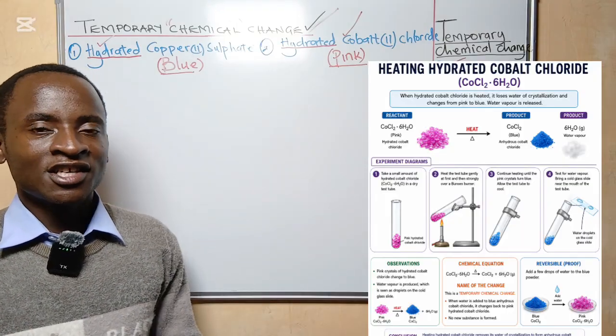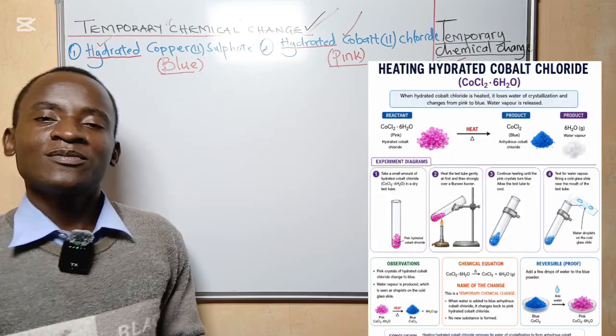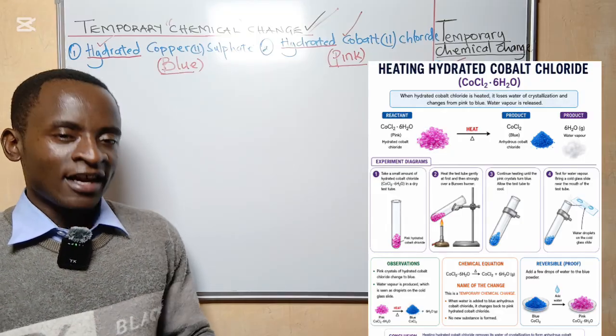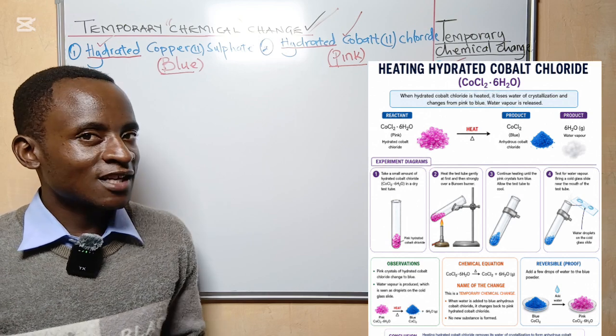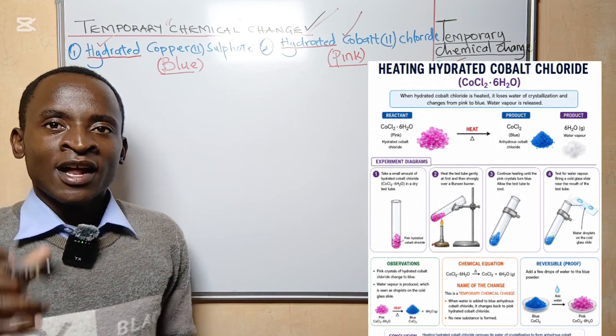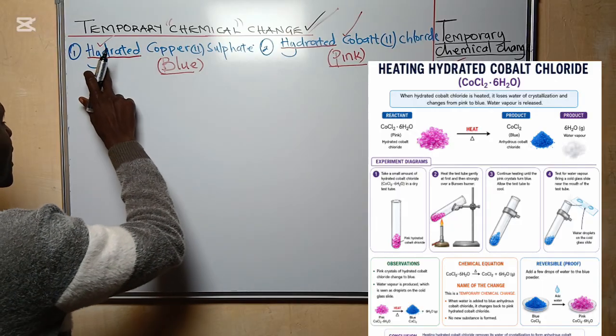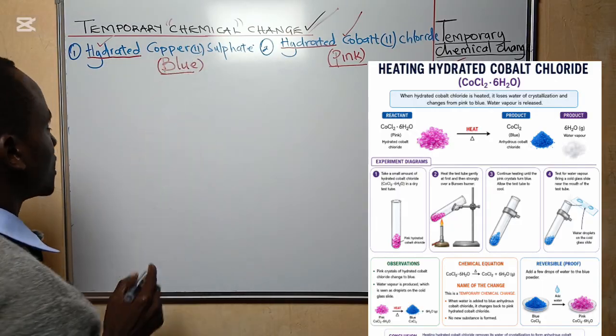Just take hydrated copper 2 sulfate in a boiling tube, hold it with a test tube holder, then begin heating. Then observe what is likely to happen. Now, these are the observations that we are likely to make when we heat hydrated copper 2 sulfate, which is blue in color.